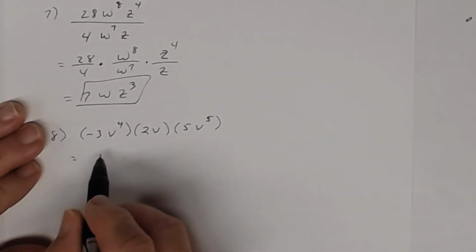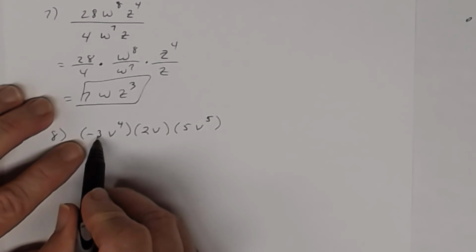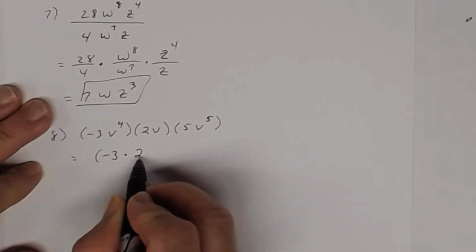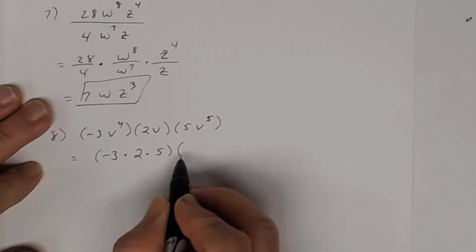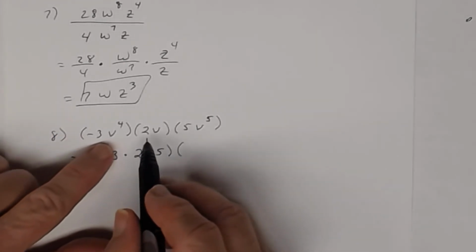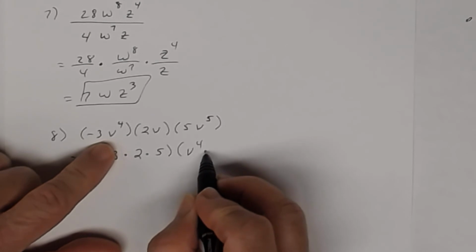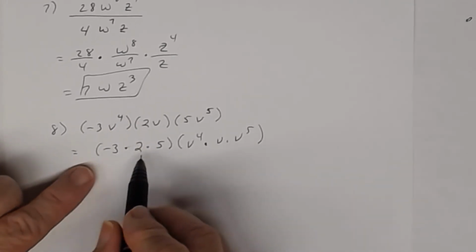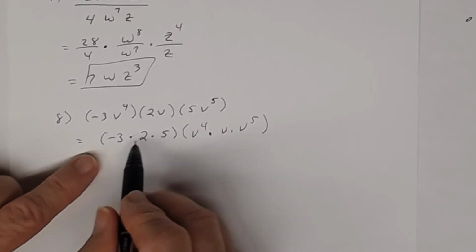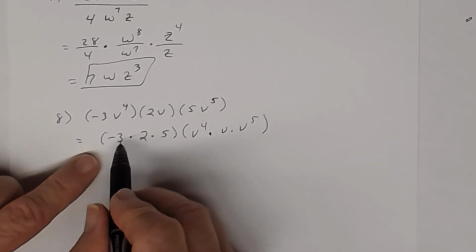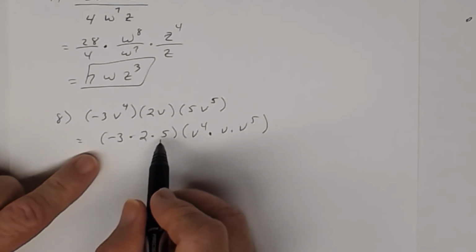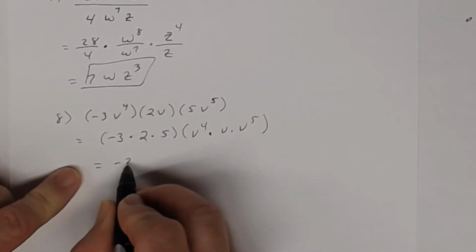So what this is that you're multiplying negative 3 times 2 times 5, right? So negative 3 times 2 times 5. Then you're going to multiply the like bases together, so you have v to the 4th times v to the 5th, right? And so if I multiply these coefficients here, these constants, a negative 3 times 2 is a negative 6, and a negative 6 times 5 is a negative 30.